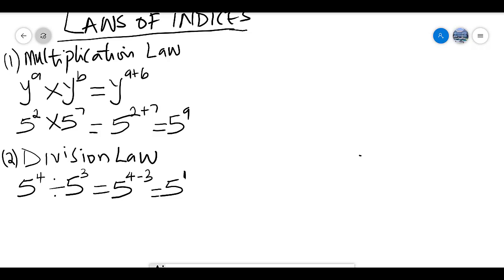I'm sure that was simple enough. Why not try this? If you have 10 raised to power 5 divided by 10 raised to power 2, trying it on your own, you discover that you would have 10 raised to power 5 minus 2, which will give us 10 raised to the power of 3.